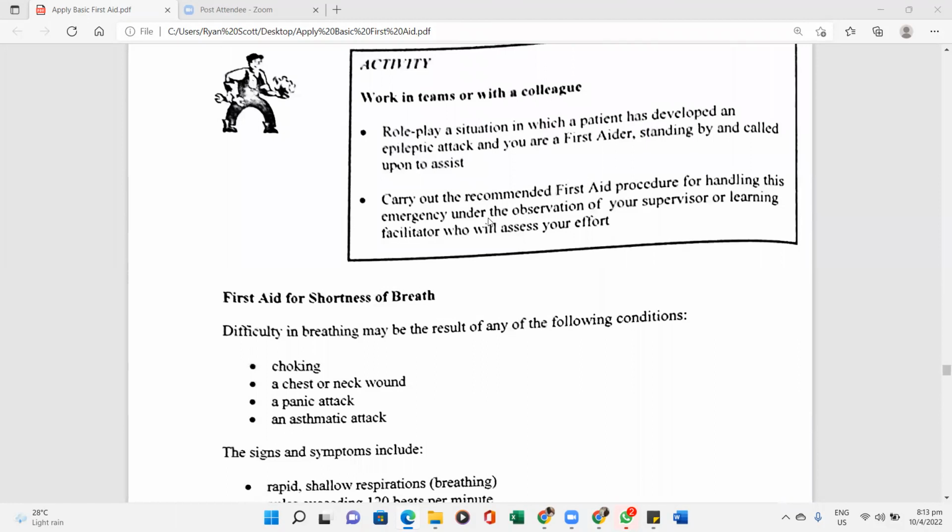All right, first aid for shortness of breath. Difficulty in breathing may be the result of any of the following conditions: choking, chest or neck wound, a panic attack, or asthmatic attack.